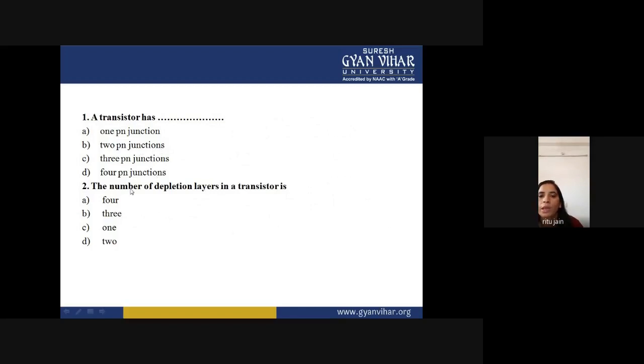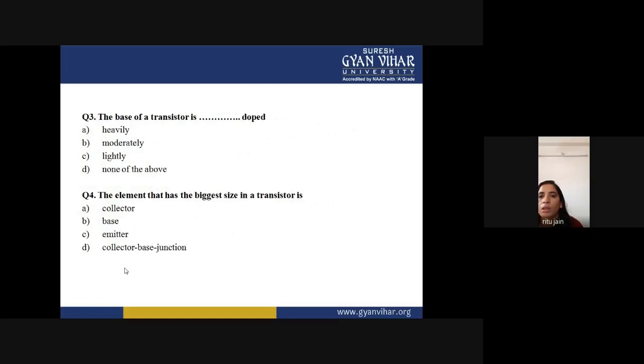Now, second is the number of depletion layers in a transistor. I have already discussed the depletion layers of a transistor.